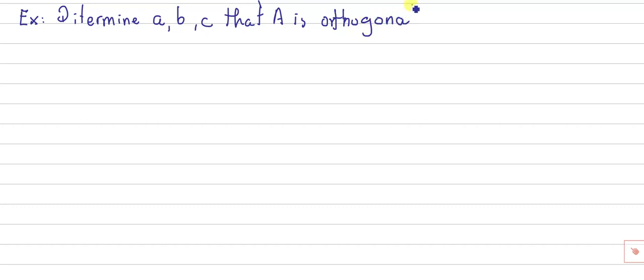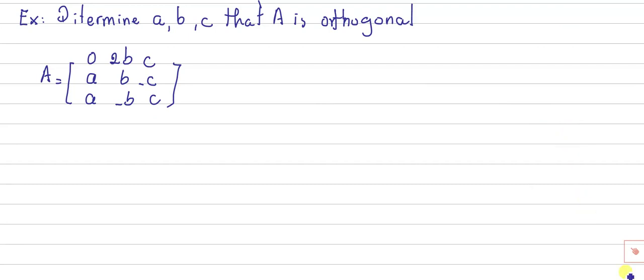Determine A, B, C such that matrix A is orthogonal, and A is equal to 0, 2B, C, A, B, negative C, and A, negative B and C. This is a real matrix, an orthogonal matrix.